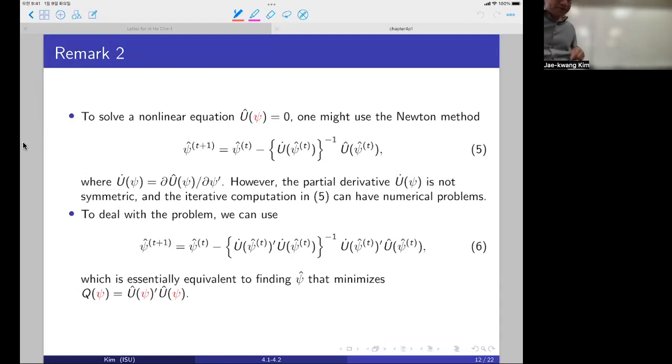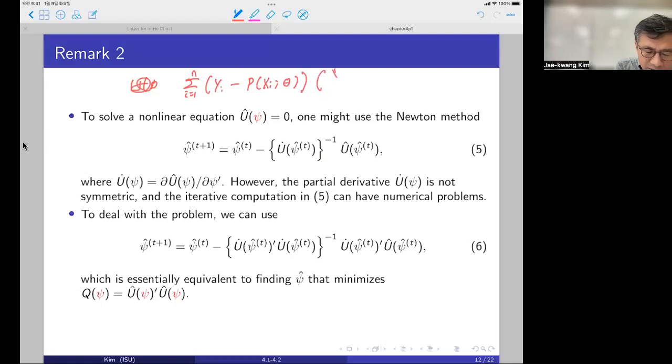For example, you have a logistic regression. So what is the logistic regression? Yi minus xi beta, right? Well, sorry, logistic regression is symmetric. So this is not really a good example. What else?